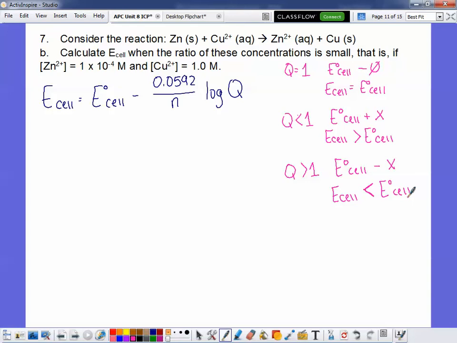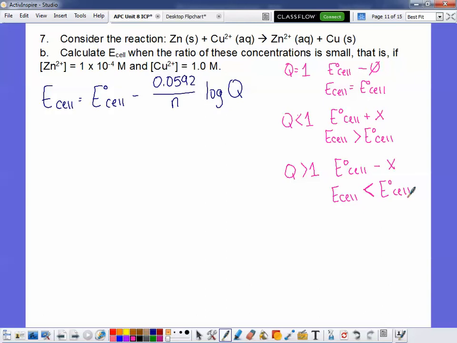Okay? Now, once we go through the calculation of this, we'll talk about why this happens and why the voltage increases or decreases conceptually. But what I wrote in pink is the types of questions that they ask about this.